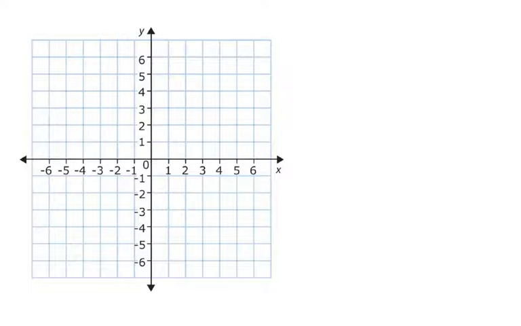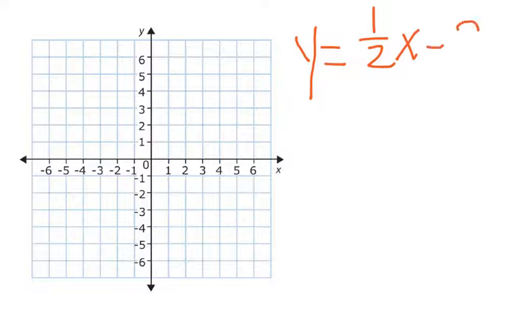Now you're going to get a series of blank graphs on your paper. I need you to write down the problem and work it out with me on your graph. Y equals 1/2 x minus 2. Okay, we want to name the slope, or we can use the letter m.